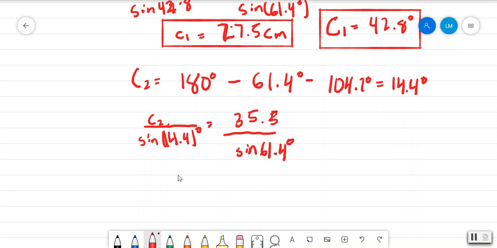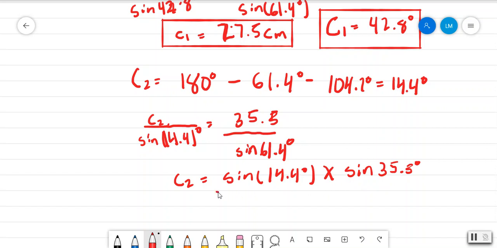So if I multiply this through, I get that c2 is equal to sine of 14.4 degrees multiplied by sine of 35.5 degrees. Oh, no, that's not correct.